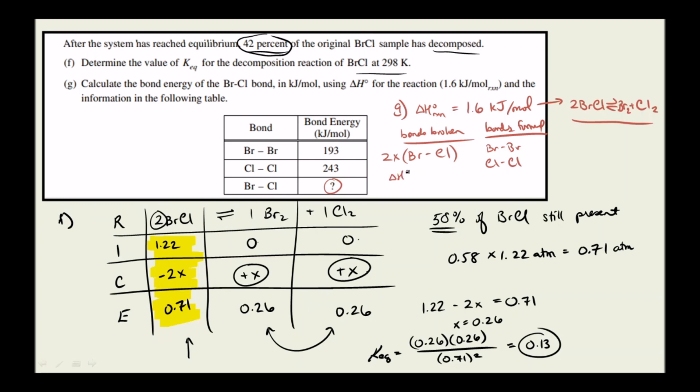And the delta H naught of reaction is equal to, if we look at the equations page, we see that the delta H reaction is equal to the sum of the delta H products minus the sum of delta H reactants.